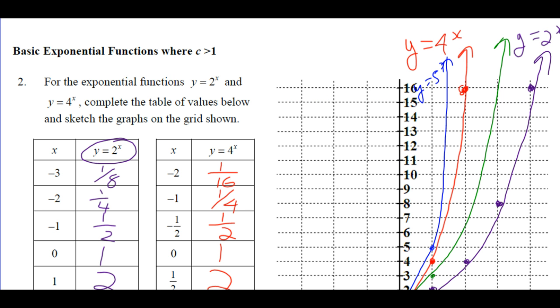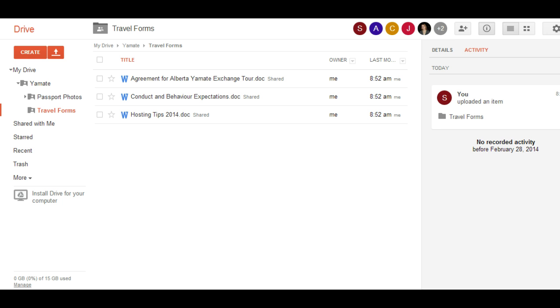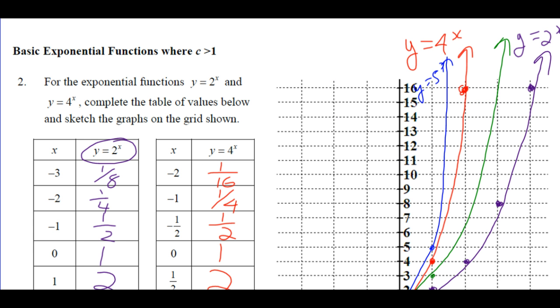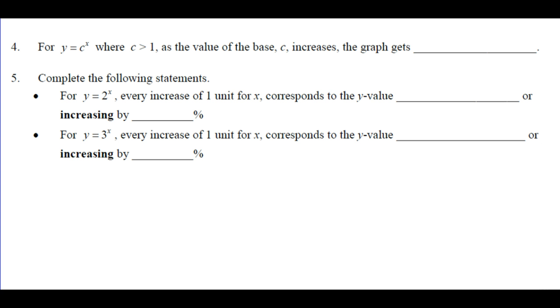So this was 2, 3, 4, 5. So as the value of the base is increasing, the graph is getting steeper, right? It's climbing faster, right? So it's getting steeper. That's what I wanted. The graph gets steeper.